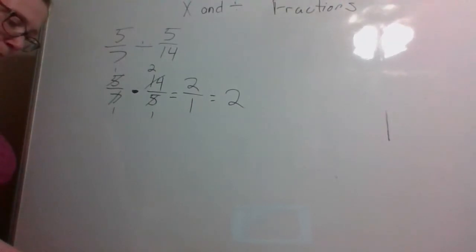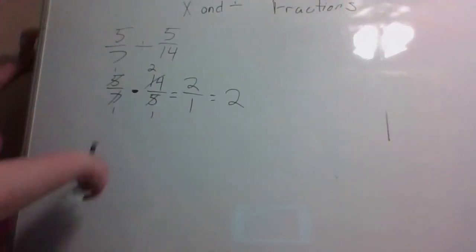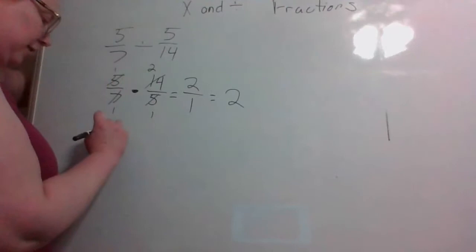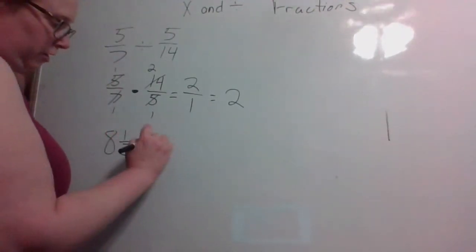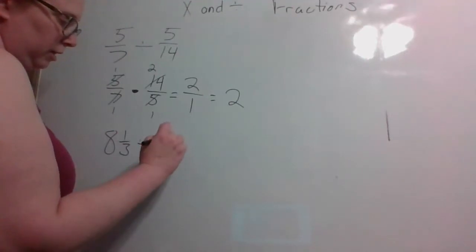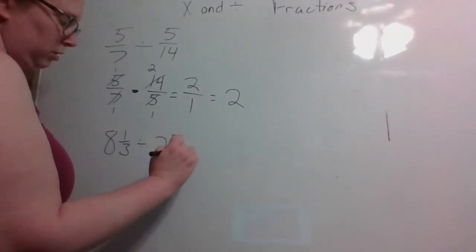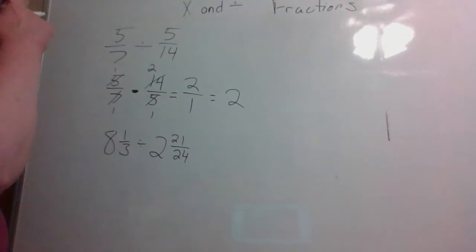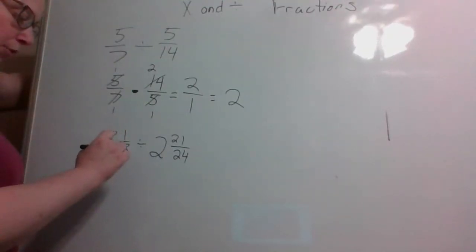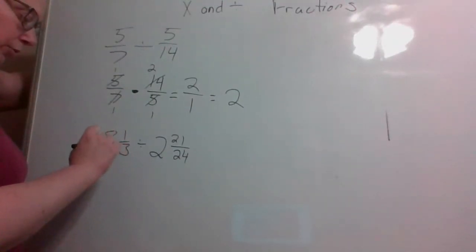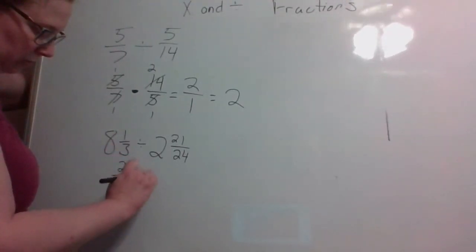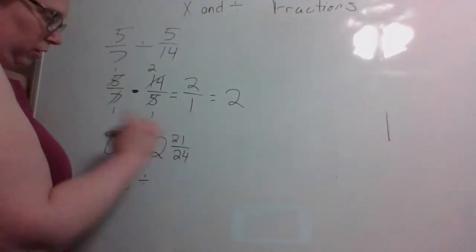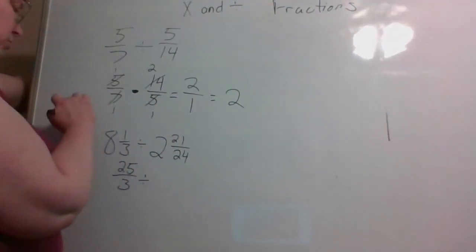Let me show you a problem with some mixed numbers here. So if I had 8 1/3 divided by 2 21/24. We are going to make these improper. So we're saying 3 times 8 plus 1, 48 plus 21.